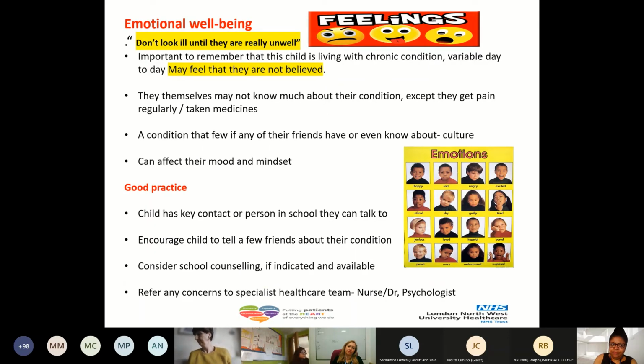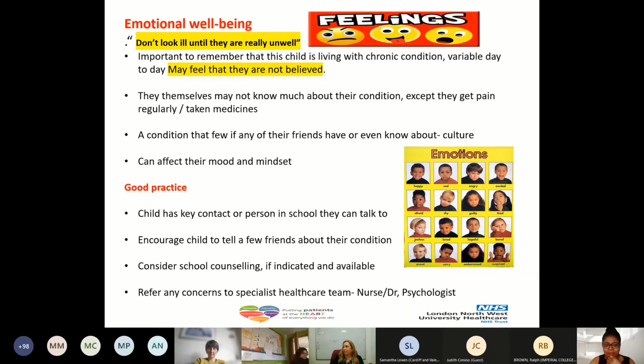Okay, the child's emotional well-being is really important. A lot of the times they don't look ill until they're really unwell. A lot of the children will say, I've told the teacher, and the teacher says, you look all right to me, go along. But yes, a lot of the times, because of skin colour, they don't look ill.